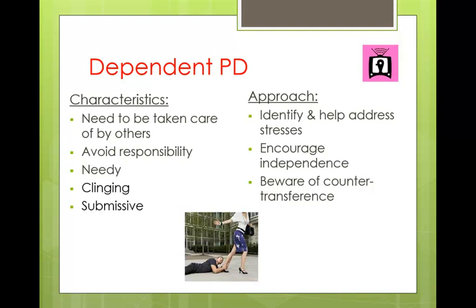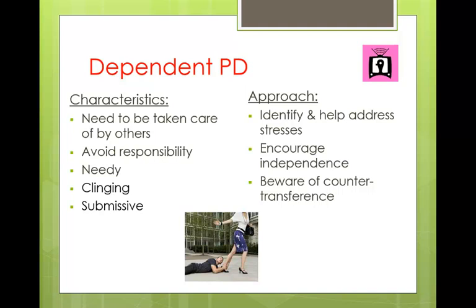The next personality disorder is dependent. The best way for me to describe this personality would be it's a person who can't make a decision for themselves, and they're constantly trying to make you make the decision for them. That's the best way to sum it up.